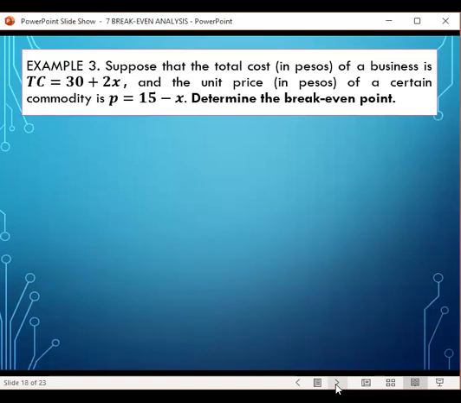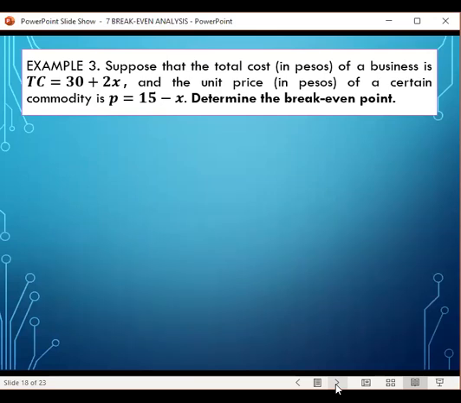Another example. Suppose that the total cost in pesos of a business is TC is equal to 30 plus 2x. And the unit price of a certain commodity is 15 minus x. Determine the break-even point. Now, to determine the break-even point, again, let's recall that the break-even should have the revenue equal to the total costs.